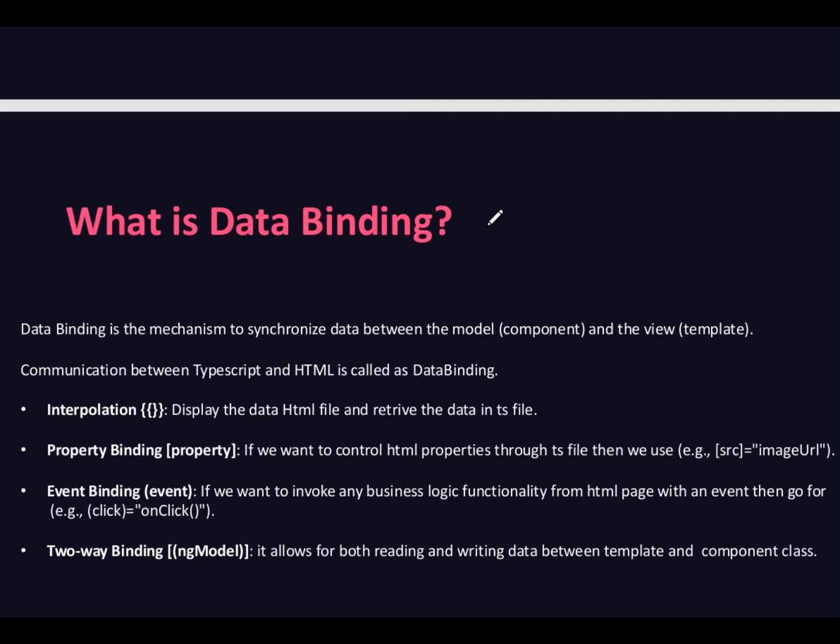Majorly we have 4 types of data binding: first interpolation, second property binding, third event binding, and fourth two-way data binding.